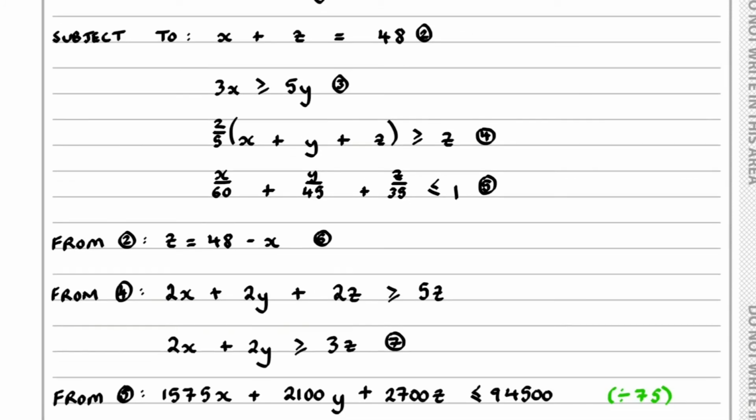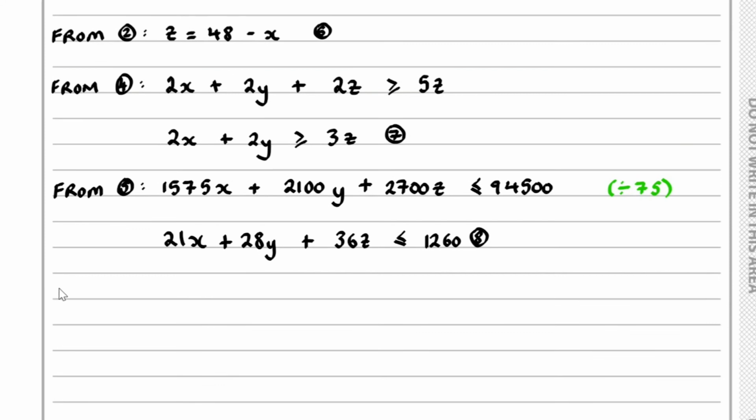So if I substitute 6 into 1, well, I know that equation 1 is p equals 1.5x plus y plus 1.25z. Now I know what z is, that's 48 take away x. So if I tidy all of this up, what do I get? I get p equals, well, how many x's do I have?